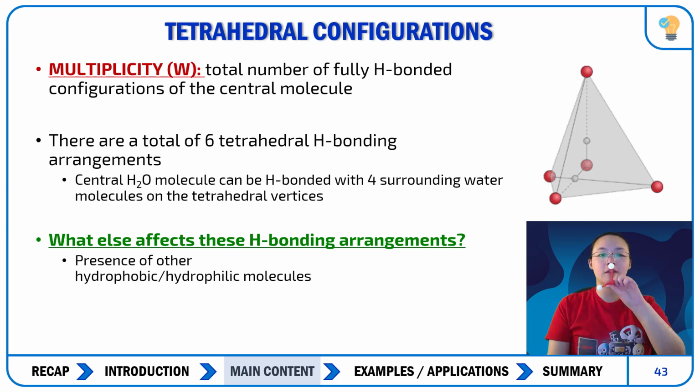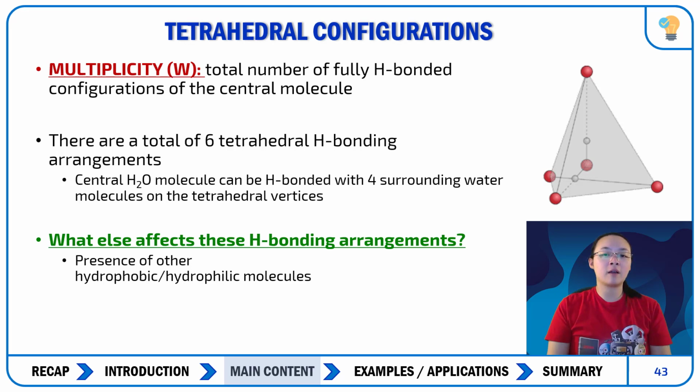So basically this that we were looking at. If we know that there are a maximum of 4 possible hydrogen bonds, that's still not enough. It doesn't help us whatsoever when it comes to modeling and predicting the most probable configuration. So we want to know how water molecules are going to be oriented with respect to each other.